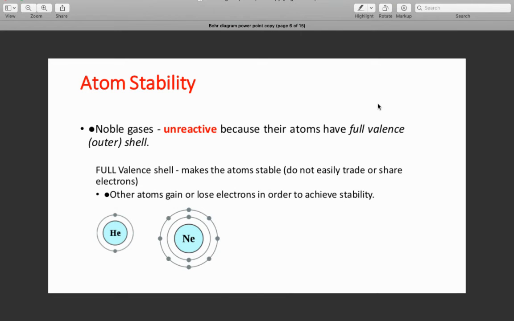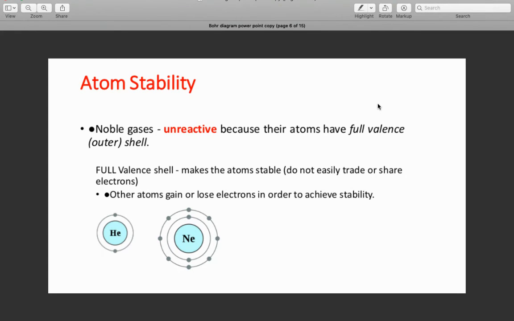And atom stability. So what is atom stability? It's basically the reactivity or unreactivity of an element. Here I have taken the example of a noble gas. A noble gas has a full valency shell, so it doesn't take part in any chemical reaction, so it's unreactive.